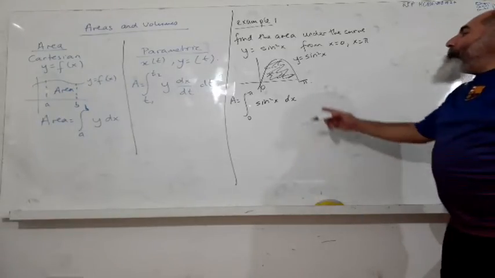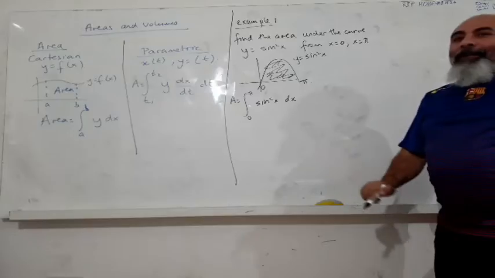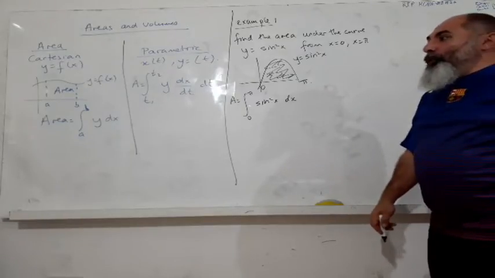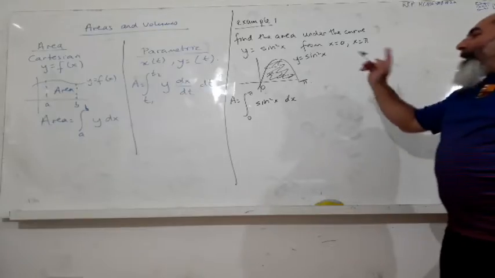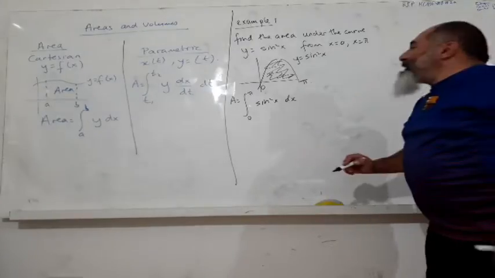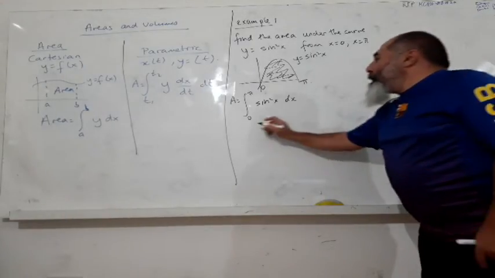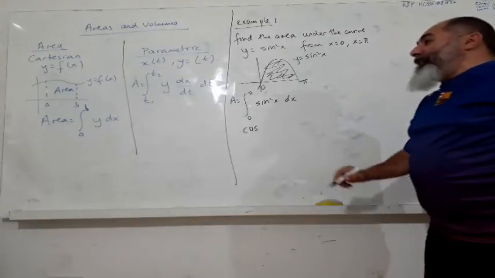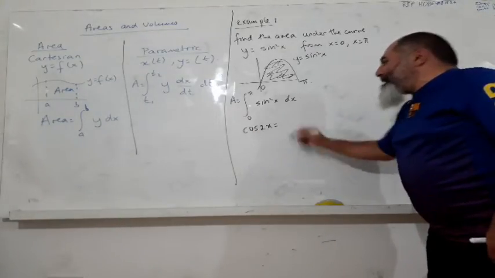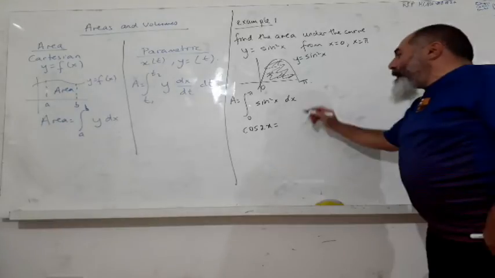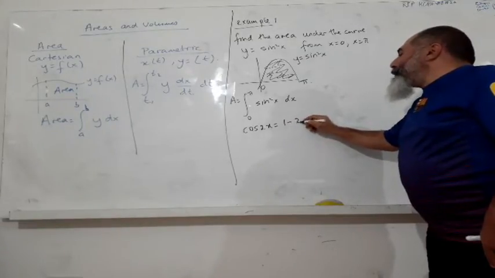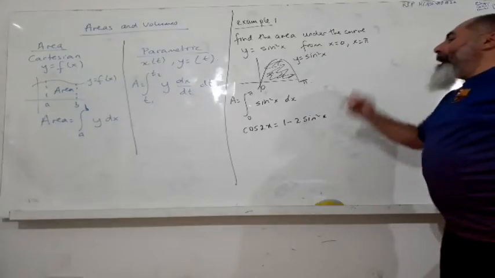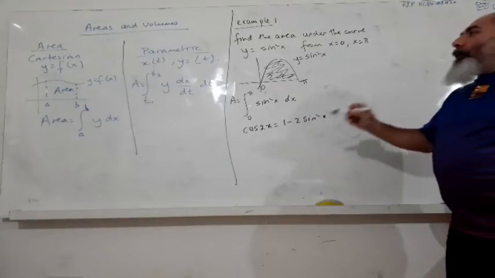How? We have to use trigonometric identities. And the best one is using cosine 2x. We know that from P3, cosine 2x is equal to 1 minus 2 sine square x. You need to remember this, because sine square x has no integration.